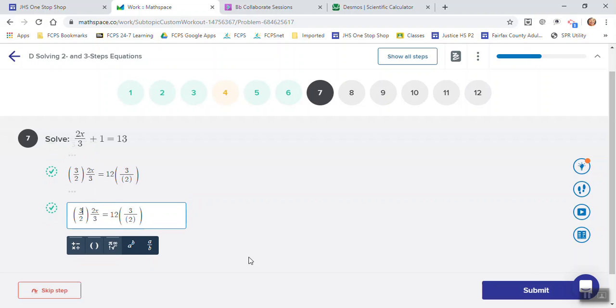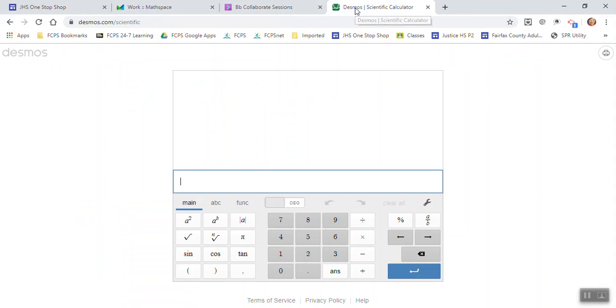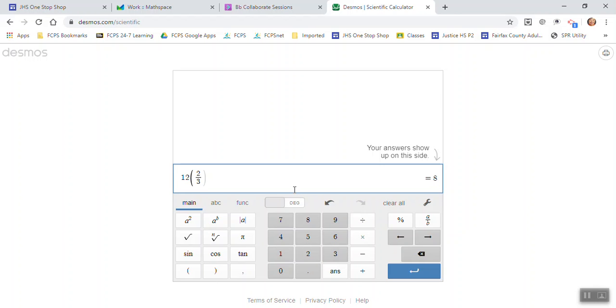All right, when you do that, on the left side you only have x, and on the right side 12 times 2/3 is the same as 12 times 3 and divide by 2, right? I can show it here. So you have 12 and then multiply by 2 over 3, and the answer is 8. You got 8.